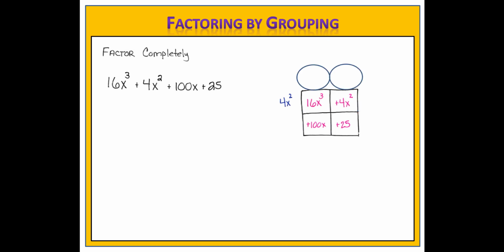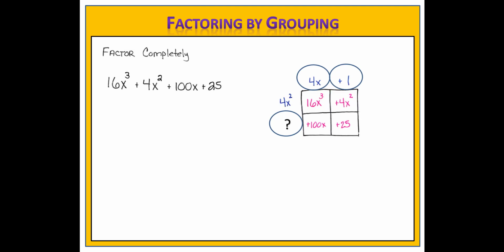Now we use multiplication to fill in the other spots around the grid. 4x squared times something is 16x to the third. 4x squared times 4x. 4x squared times something equals 4x squared. 4x squared times 1 equals 4x squared.